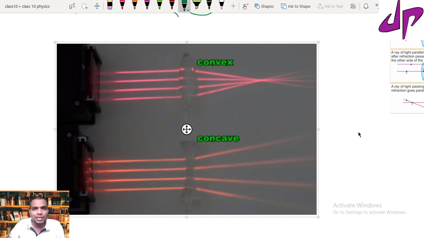Here you can see after refraction the rays travel inside the lens and focus at a particular point.